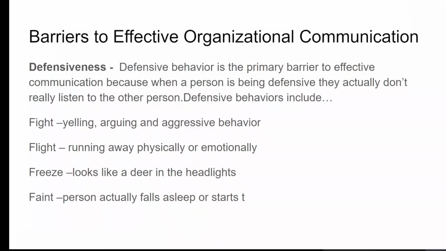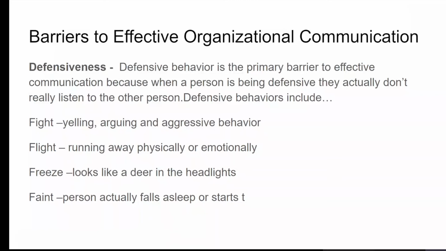Now, they have two more built in here, and these are all forms of fight and flight. And that is freeze, looking like a deer in the headlights. Effectively, that is as much flight, where we're just physically or psychologically, emotionally disconnecting ourselves. Or faint, which is again a form of flight, where our consciousness is just overwhelmed, our brain is overwhelmed, and we just shut down.